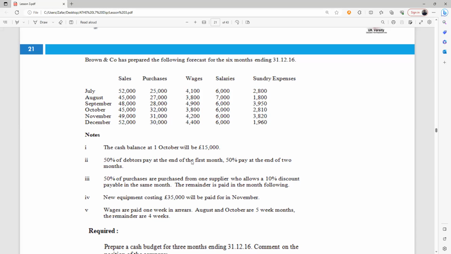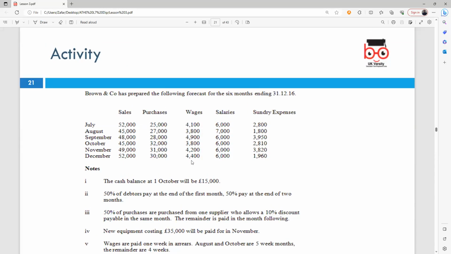Now, one example of the cash budget is this one here. Can you see this? Brown and Co. has prepared the following forecast for 6 months ending 31/12/16. So they have prepared a cash budget or cash forecast for this particular company for the next few months. They have sales, purchases, wages, salaries, and sundry expenses.